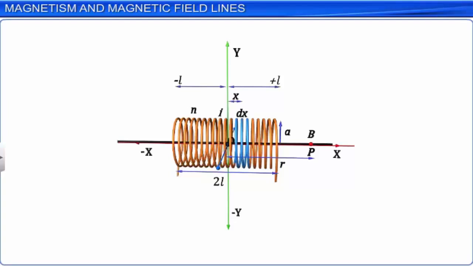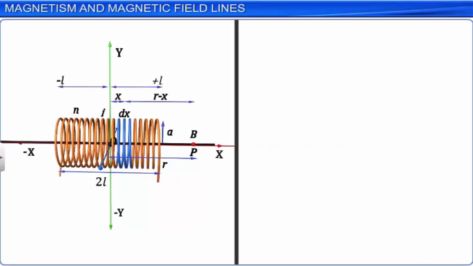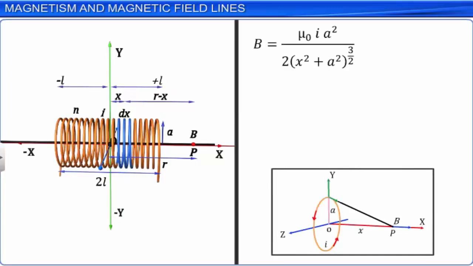As n is the number of turns per unit length, the number of turns in the small element of the solenoid is equal to number of turns per unit length times length of the small element of the solenoid. That is equal to n dx. We learnt earlier that the magnetic induction B on the axis of a current-carrying circular loop at a distance x from the center of the loop is equal to μ0 I a² by 2 times (x² + a²) to the power 3/2.